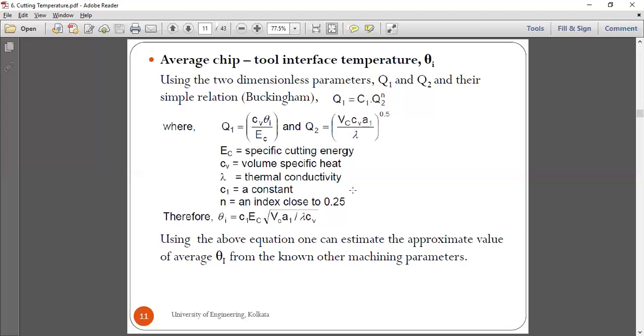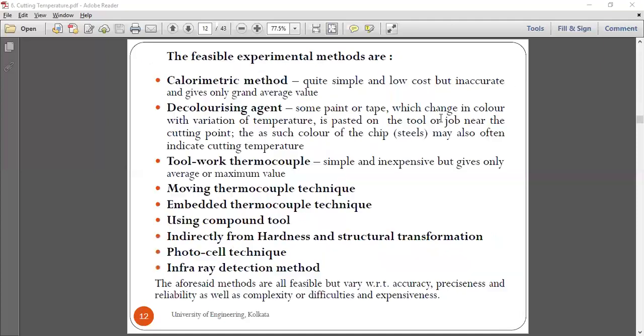However, as I told you, these values are not accurate. In order to get accurate values, we will need to go for experimental methods. The experimental methods include the calorimetric method, which is quite simple and low cost, but not very accurate. Normally it gives an average value.